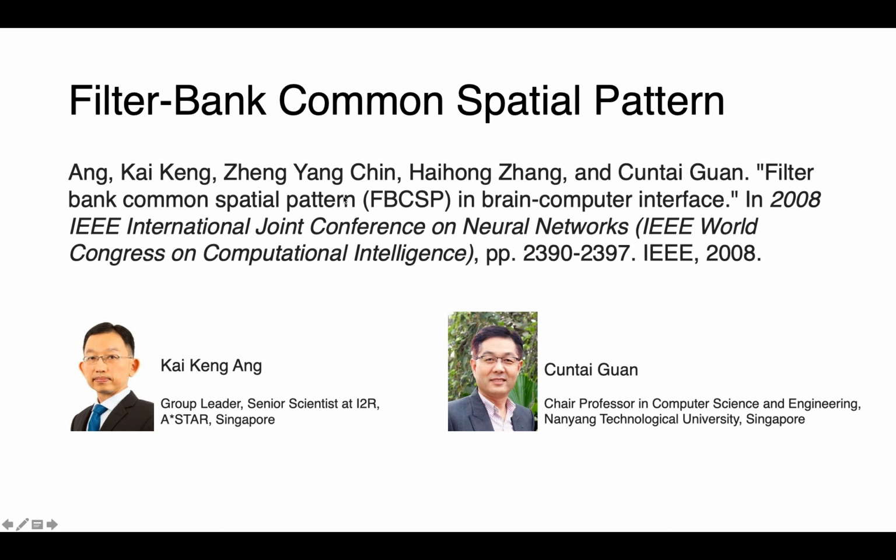And in the complementary video, I will go through the details of filter bank common spatial pattern. I talk about this traditional method because a lot of deep learning models for EEG are inspired by traditional machine learning algorithms like filter bank common spatial pattern.